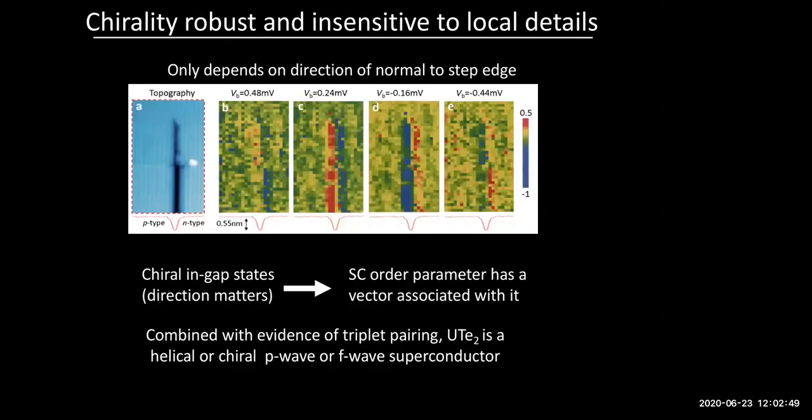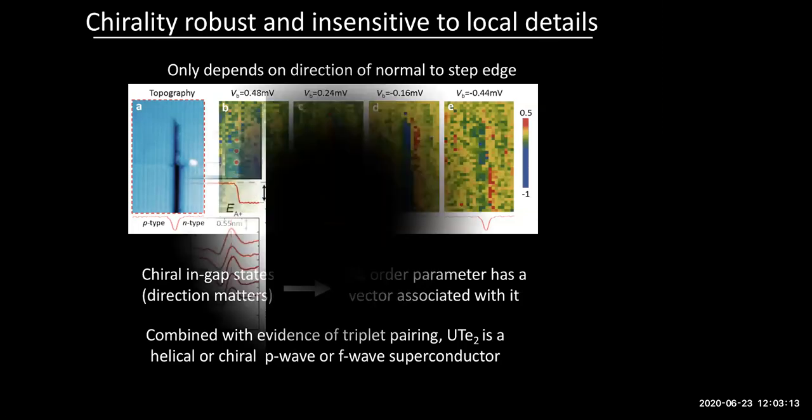Basically the bottom line is that you have these chiral in-gap states, and all the evidence from STM points to having a superconducting order parameter which has a vector associated with it. Because if your superconductivity didn't have some kind of a vector, you would never see chiral states of this kind.